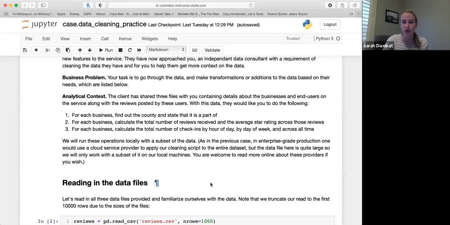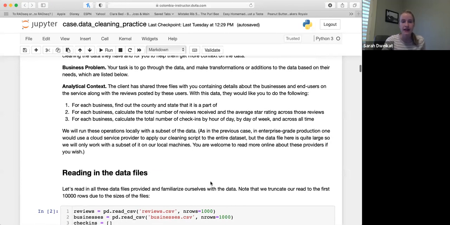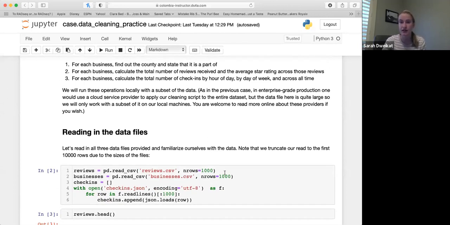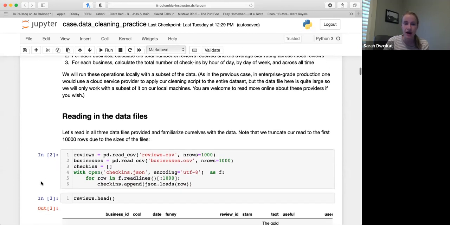Before we can get to that, the first part of our case is going to be working on cleaning our data so we are able to start making some calculations for it. The first thing that we need to do is read in our data. These are pretty large data files, so for the purposes of being able to work with it on our local hard drive, or on the server, we're only going to load in the first 1,000 rows.